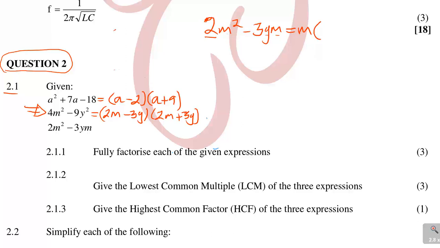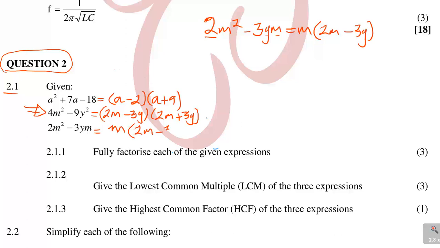So I'm saying 2m squared over m to cancel out to remain with 2m minus, and then I'm doing the same thing again, 3ym divided by m so that I get minus 3y. So basically that's what I'm doing when I'm factorizing for the common term. So it's 2m minus 3y.